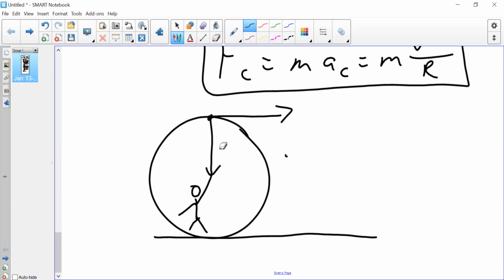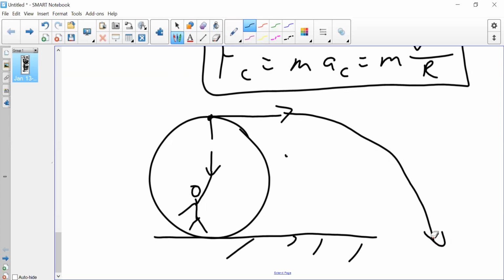And of course you can see vectorially, as well as intuitively, that the force is going to go to the center as you round it around this circle. If I cut this off, then by Newton's first law, it's just going to keep on going like this. But since it's above the ground, gravity takes over. It's going to start off as a horizontal projectile, and gravity is going to increase it in the y direction and hit the ground.